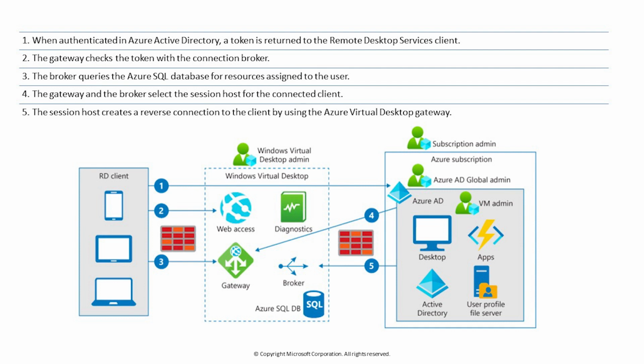After validation of successful credentials, there are components in between, like the gateway, as I mentioned, and the broker, which validates the database for the resources that have been assigned to the user.